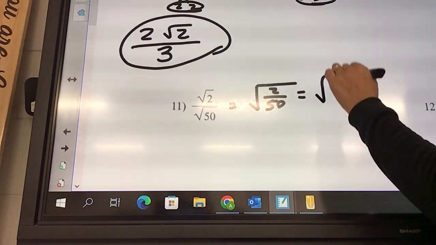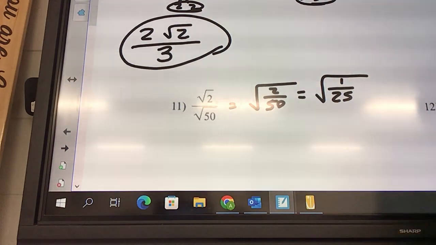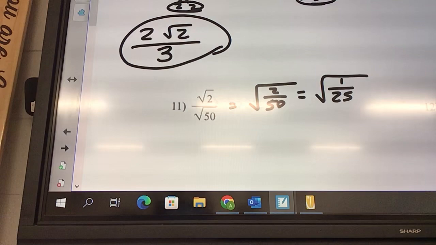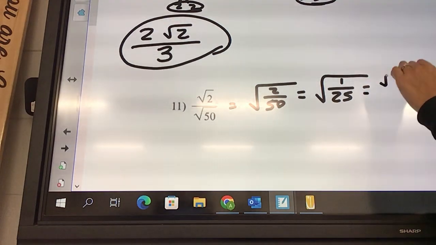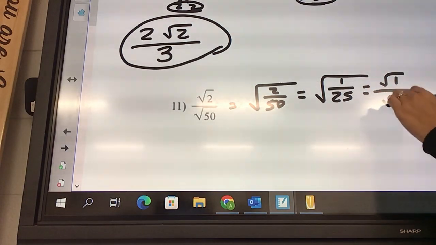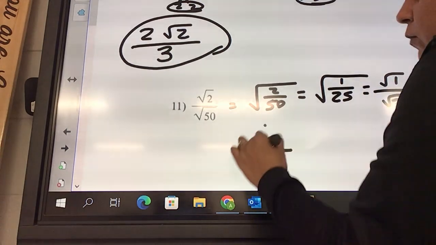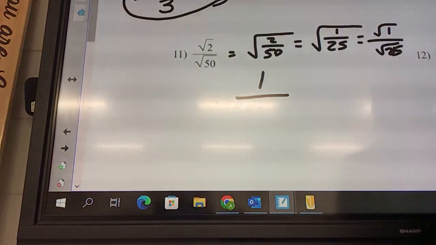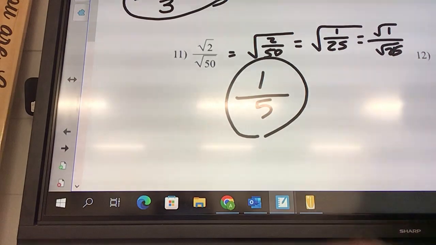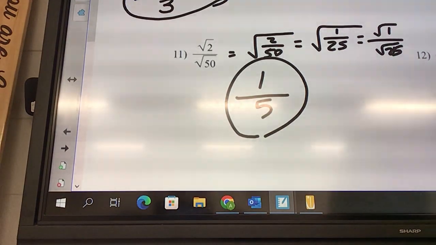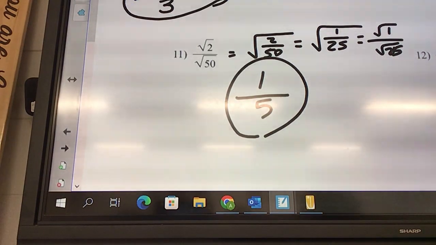That's it. Well, what's the square root of 1? 1. What's the square root of 25? 5. So really, that is our simplified version.